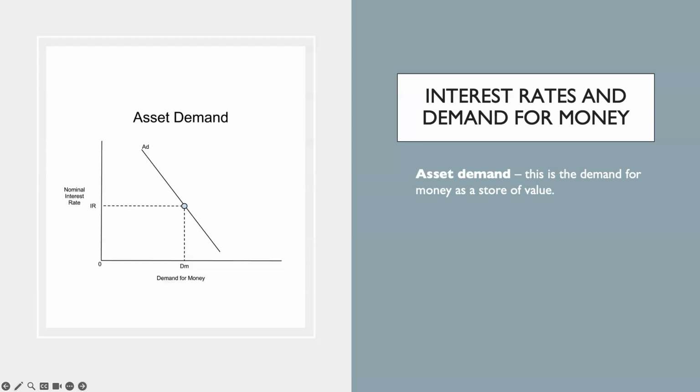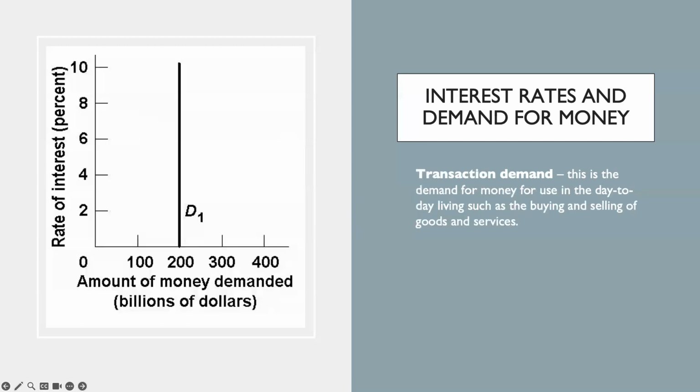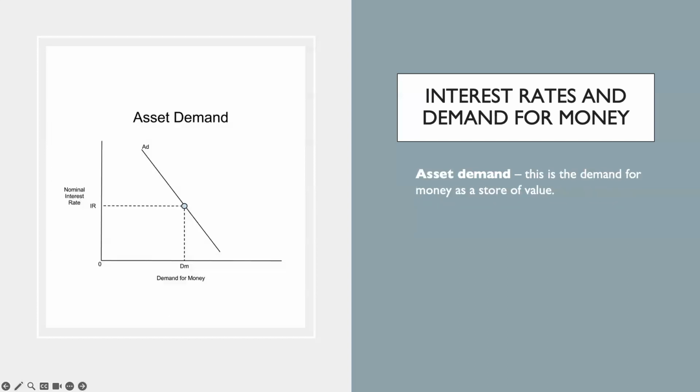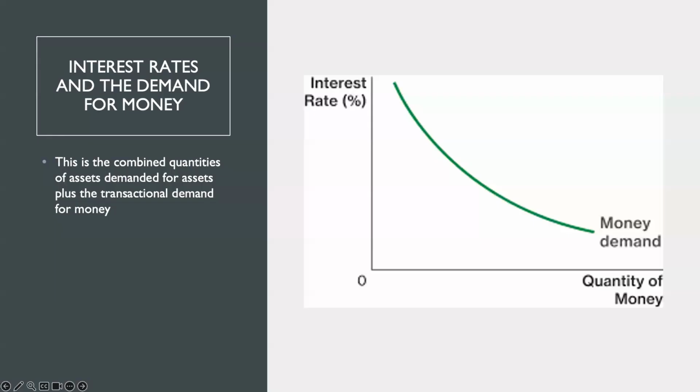If we combine the two graphs individually, meaning we combine the graph for the transactional demand for money and the graph for the asset demand for money, we come up with this. This is the combined graph for the demand for money in terms of transactional demand and asset demand.